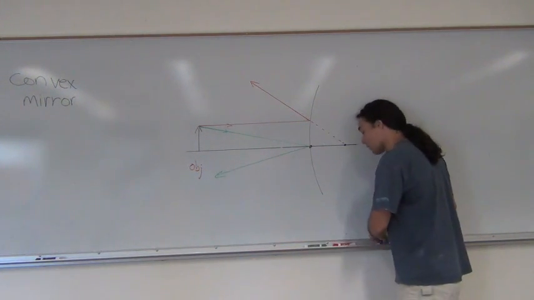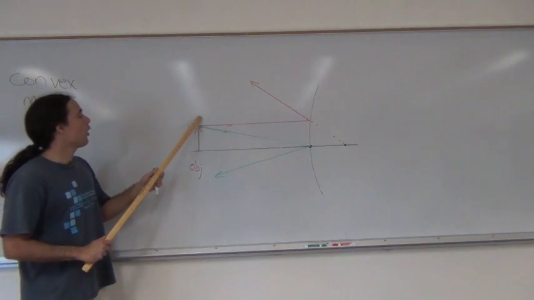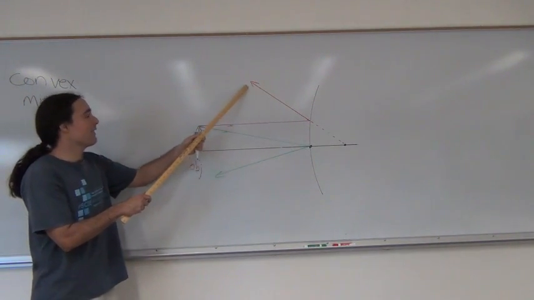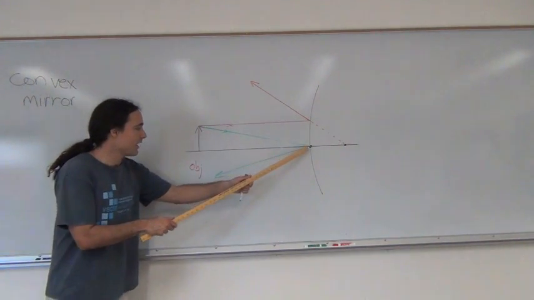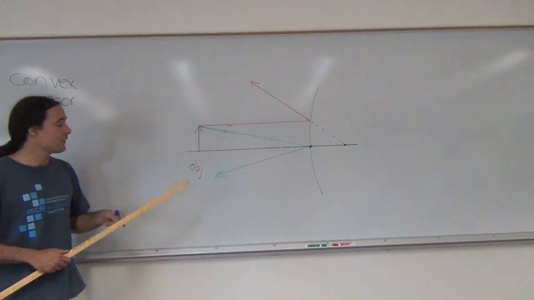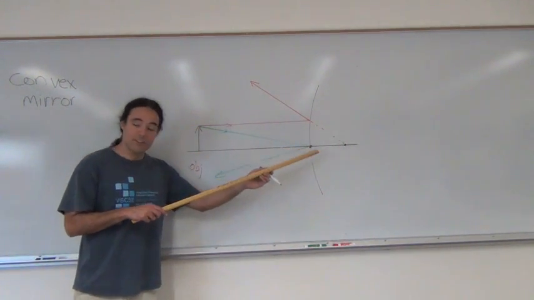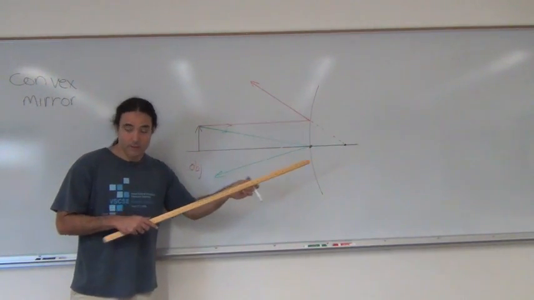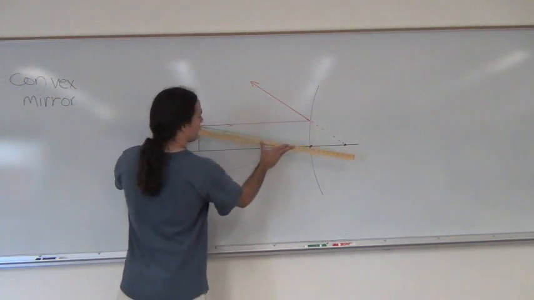Finally, let's just recap. We've got a horizontal ray coming in, and then a ray that gets reflected passing through the focal point. We've got a ray that comes to the center and then bounces back from the center. Finally, we're going to have a ray that comes in aimed at the focal point and then bounces back horizontally. Let's try that.